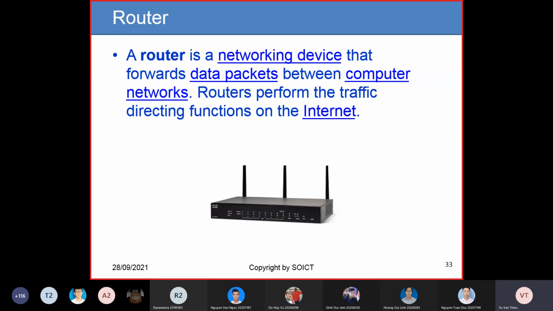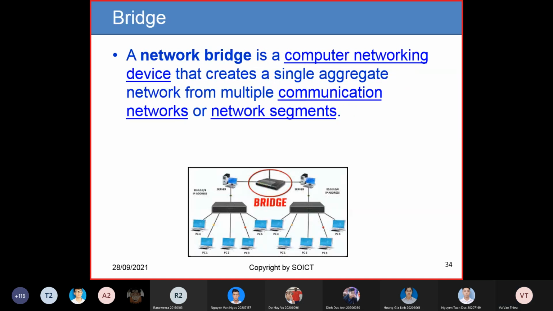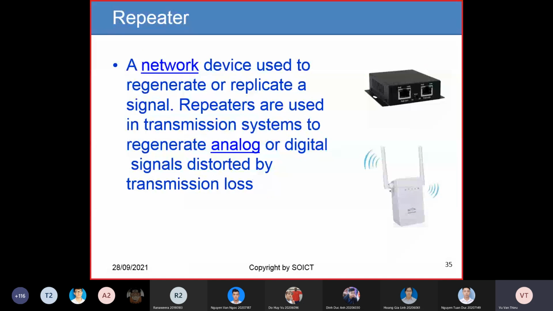Repeater. When I send a message from Vietnam to the USA, the communication channel between Vietnam and the USA is an optical cable installed under the sea.